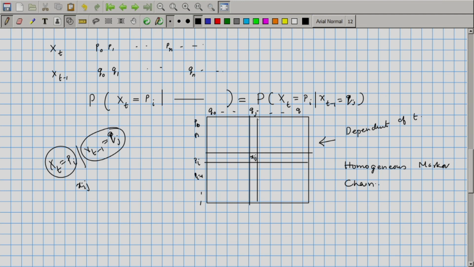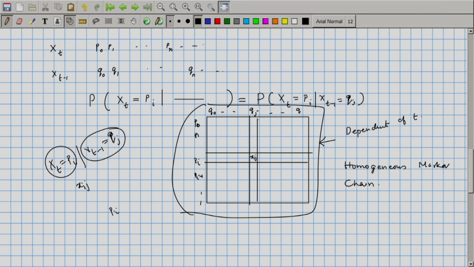So, this matrix here captures the probability that at the next stage the Markov process will be at a state p i given that at the previous step it was at q j.